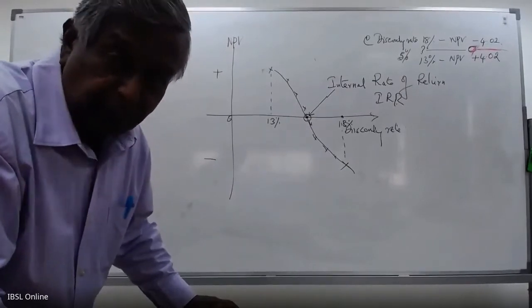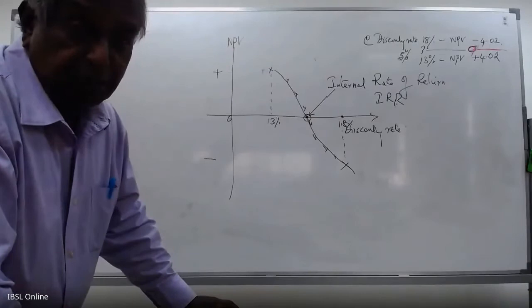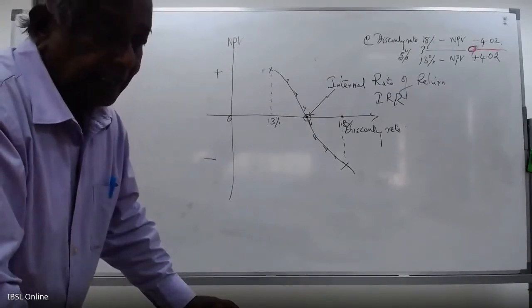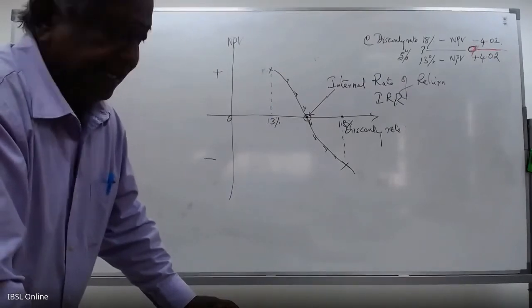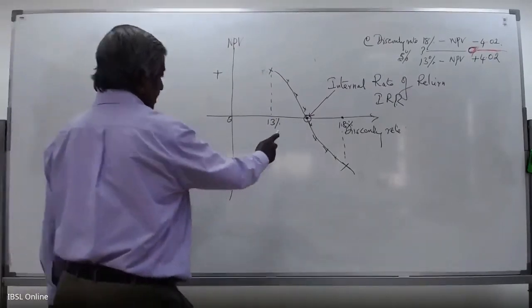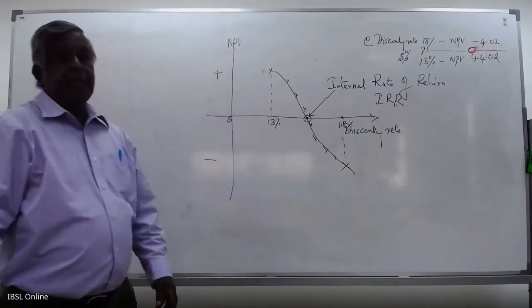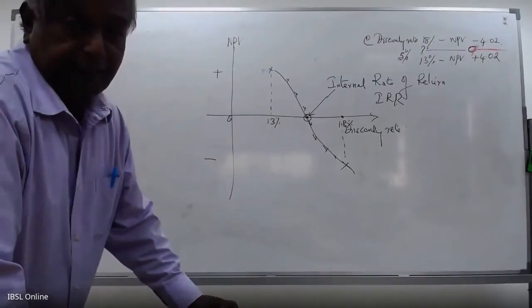Please take it down: IRR, internal rate of return, is the discounting rate where the NPV is neither positive nor negative.